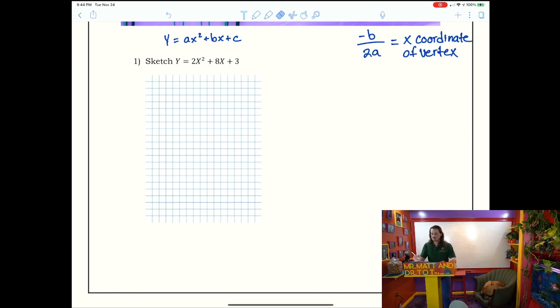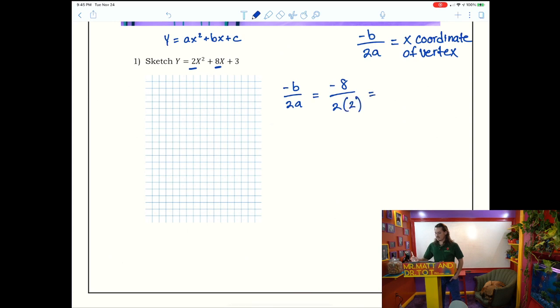So in order to solve here, I'm going to look at my b value of 8 and my a value of 2. So negative b over 2a would be equal to negative 8 over 2 times 2. That's going to be negative 8 over 4. Negative 8 divided by 4 is negative 2.